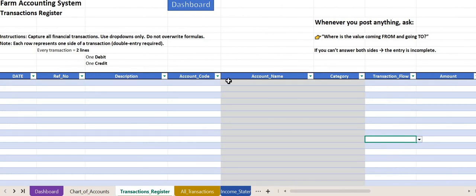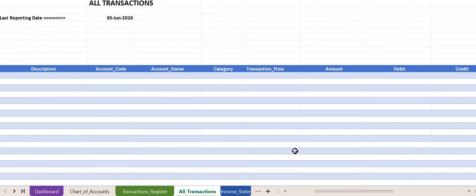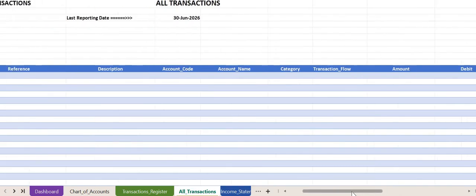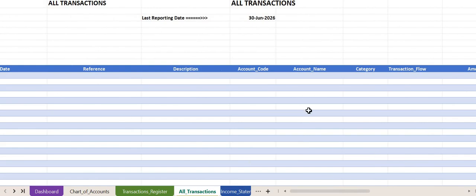All right. Now, from the transactions register, all the data flows into the all transactions register. So all that information is going to flow in here.